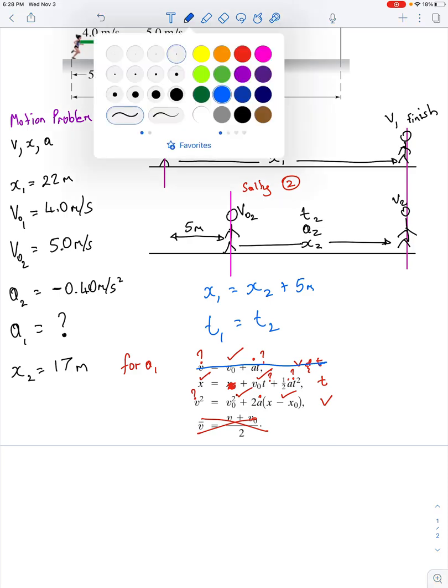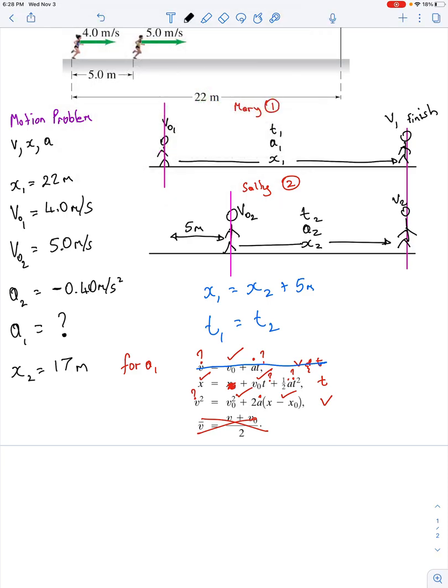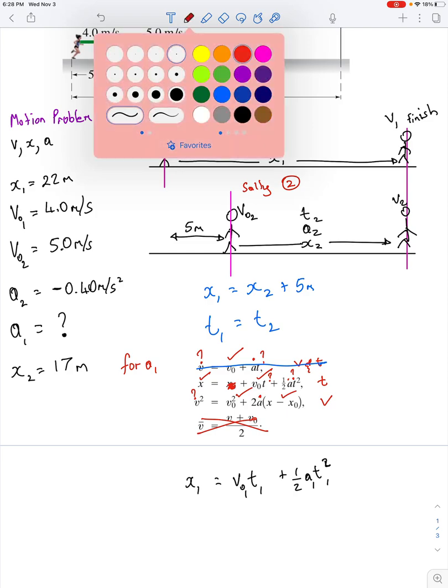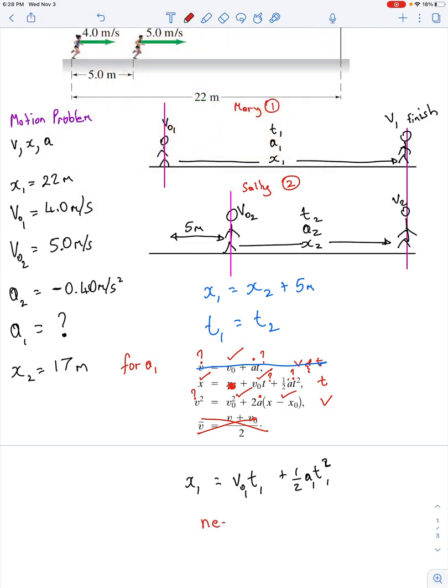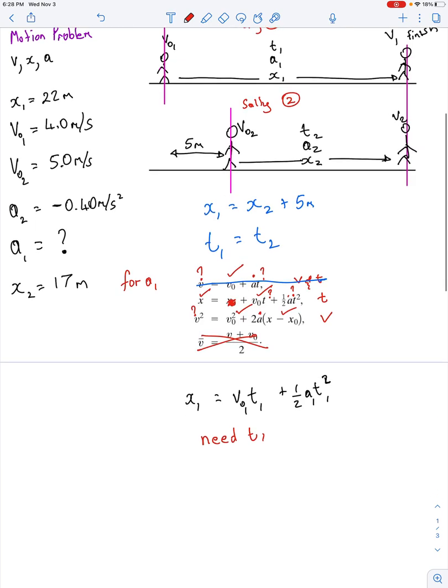Okay? So now we're going to use this one. We're going to say x1 is equal to v01 t1 plus half a t1 squared. Now, this means I need t1 to solve, as we have said before.